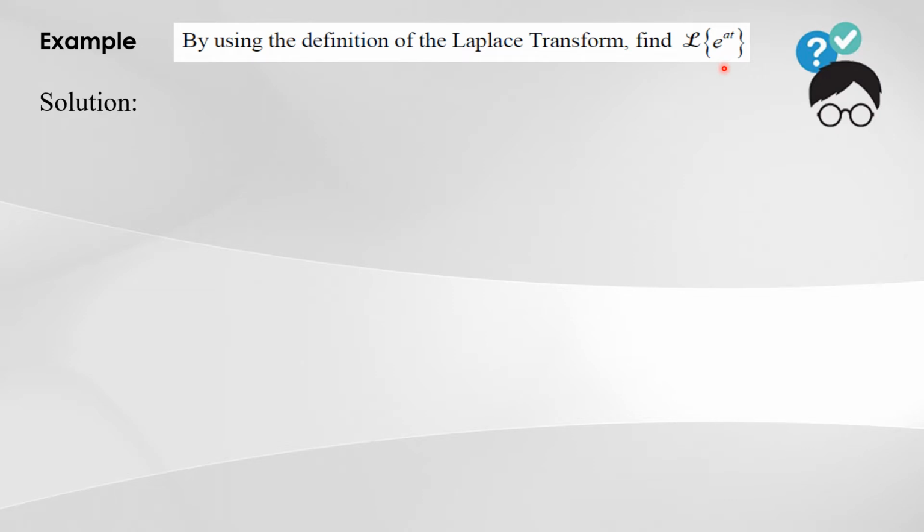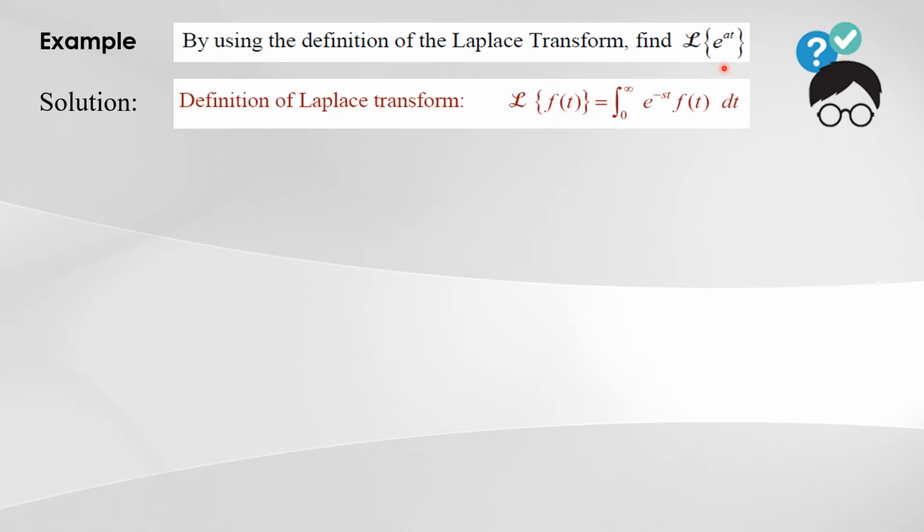We are going to start by referring to the definition of the Laplace transform. Laplace transform of f of t is equal to the integral from 0 to infinity of e to the minus st times f of t dt. Since in this question f of t is given by e to the power of at, we are going to substitute f of t by e to the power of at in the definition.